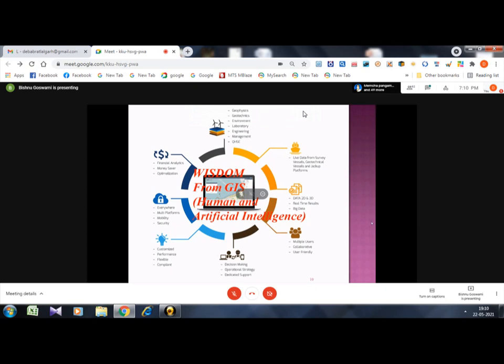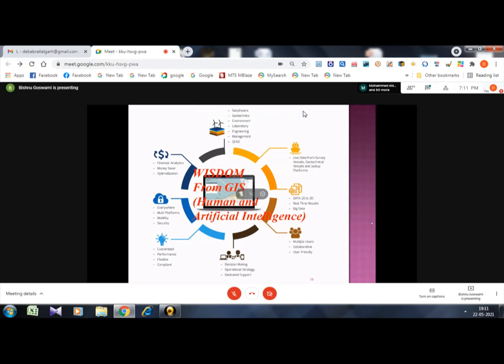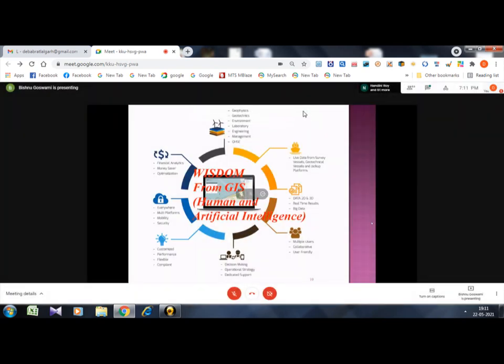We can also use it outside of research, in financial analytics, money saving, optimization, geophysics, and engineering management. This wisdom from GIS can be used in a lot of contexts.